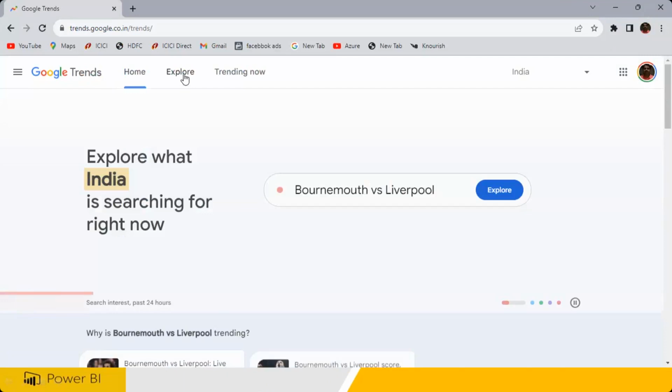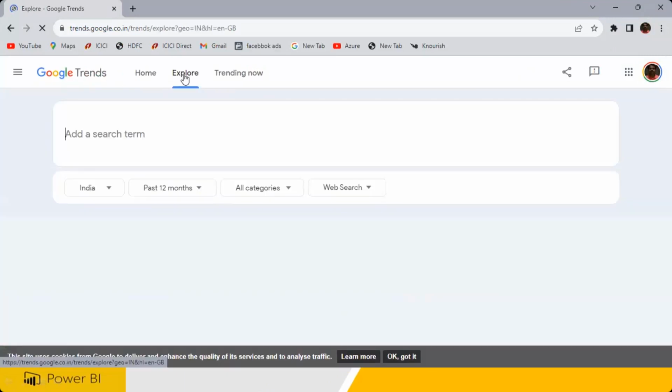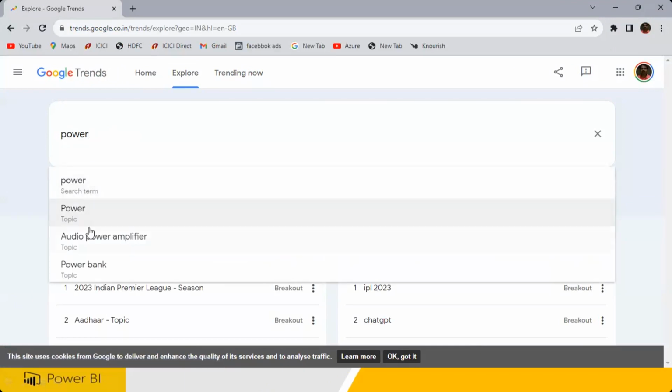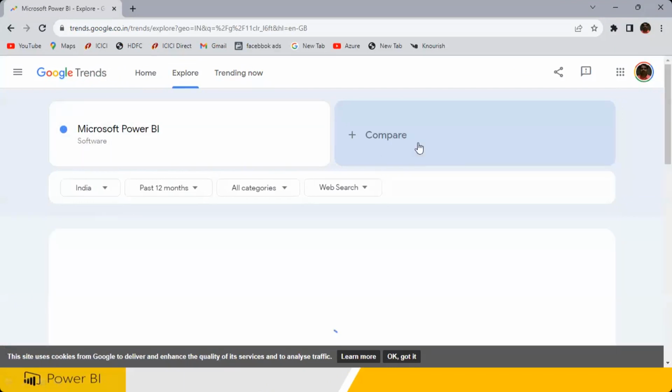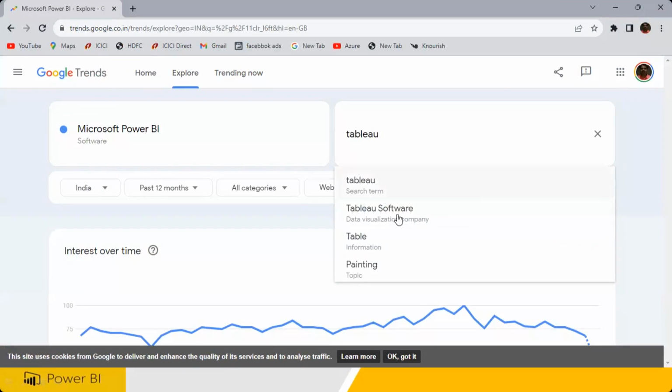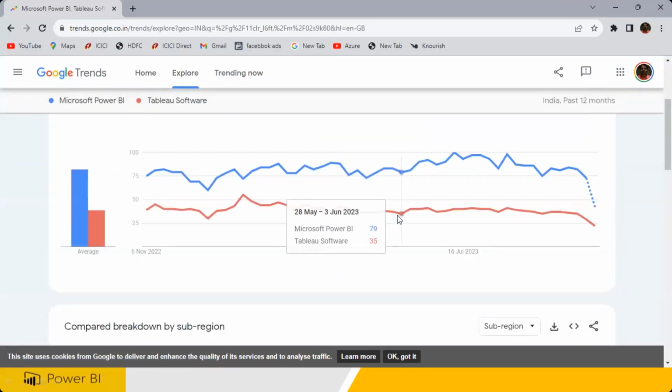Click on Explore. Now you can say Power BI, Microsoft Power BI, comparing with what software? Tableau BI or Tableau software. If you want to compare, you can compare.